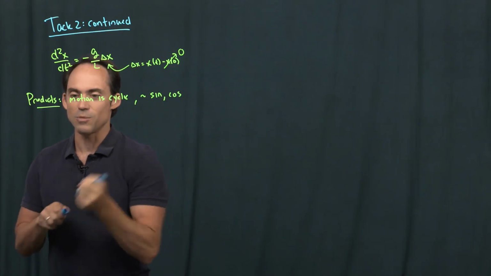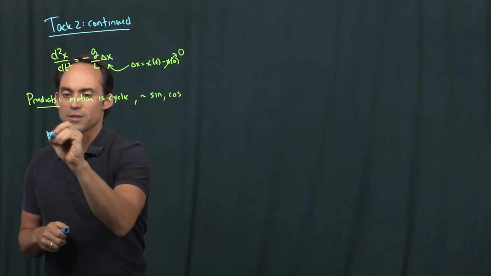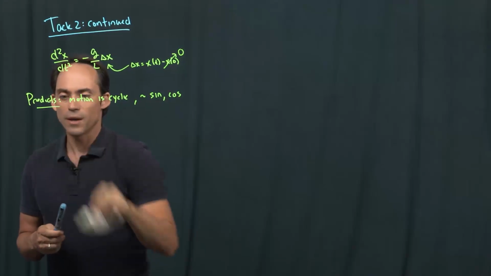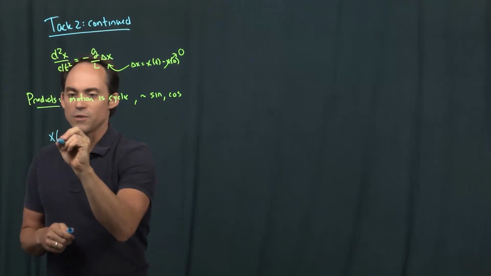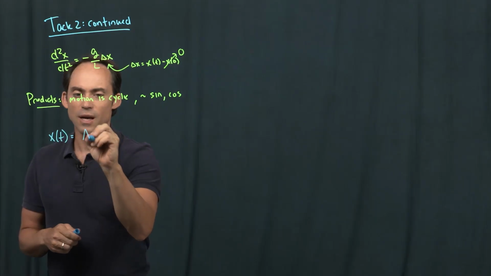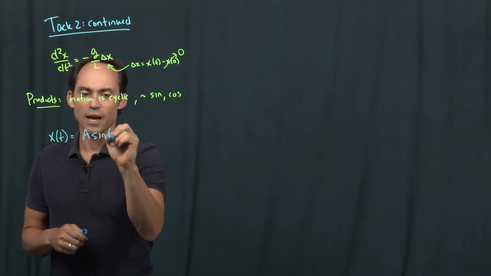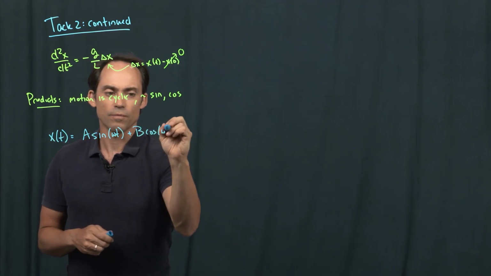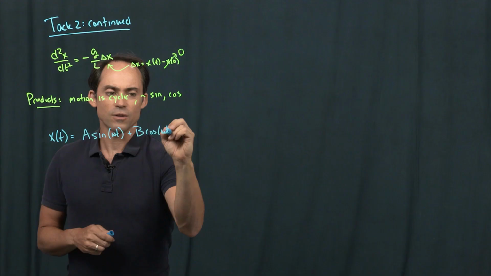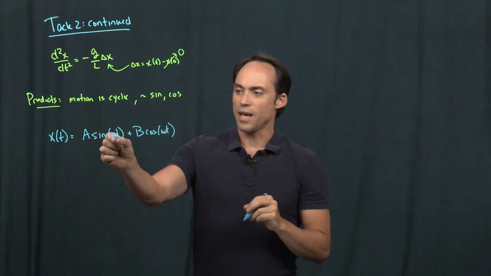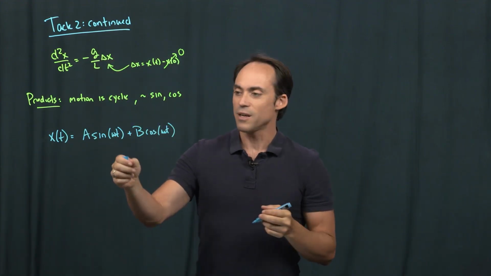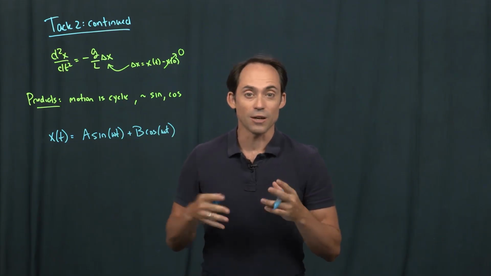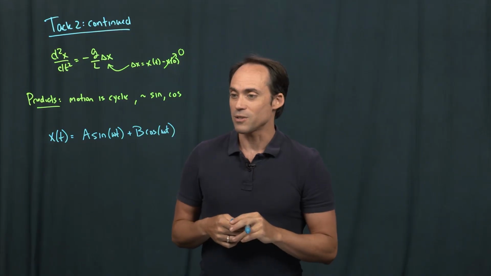We can say x of t is equal to some combination of a sine function and a cosine function, where I've inserted inside a constant, the angular frequency omega, that will set something about the period. And of course, that's the thing that we're looking at for that oscillation.